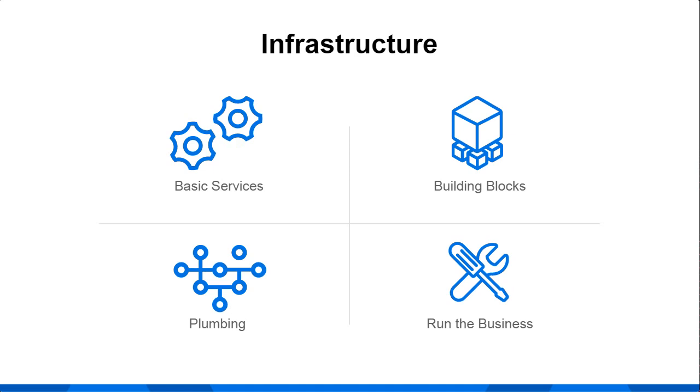We make sure that the basic building blocks are available for other service teams to build on top. So we run and maintain the bare metal servers and the virtualization system on top of that. And together with the rest of the service team in Workday, we run the business, make sure that the Workday application is available to our customers and to our customer integrations.